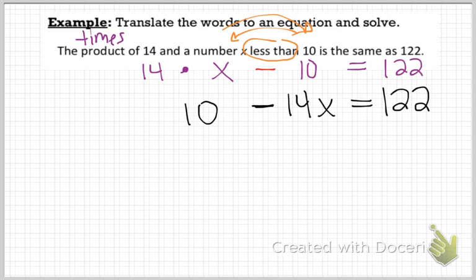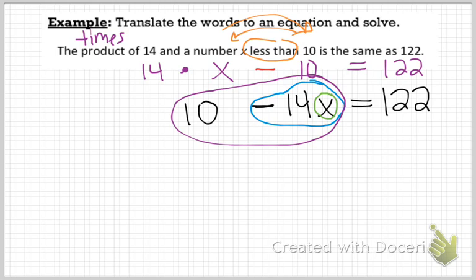Again, if you get confused on what to do first, draw balloons. Here's the first thing, that's my variable. Attached to it is a negative 14. And then we have the 10. Okay, pop the largest balloon, and it's 10.